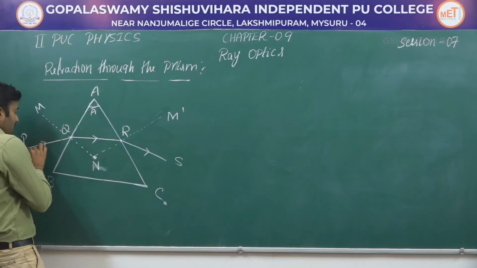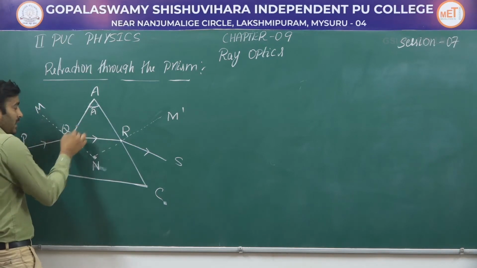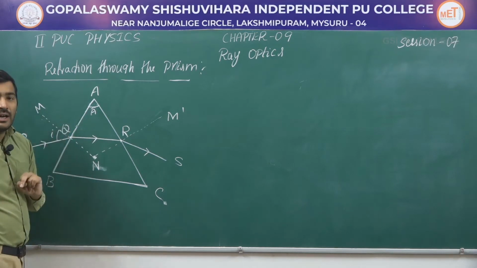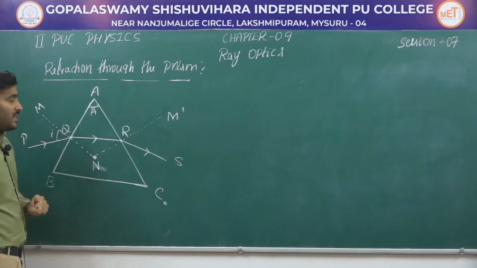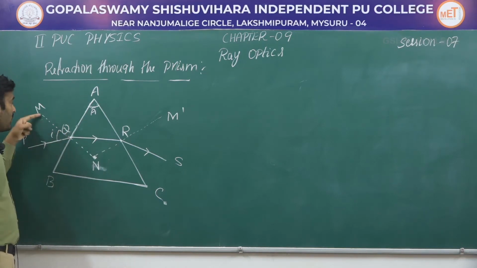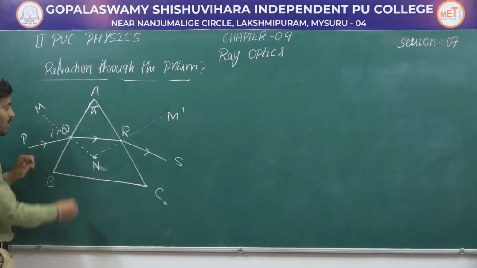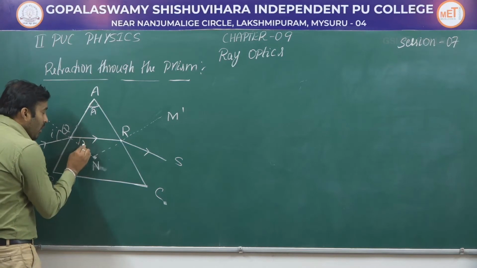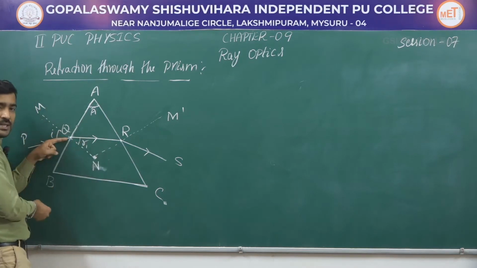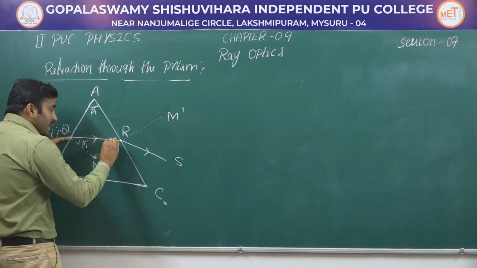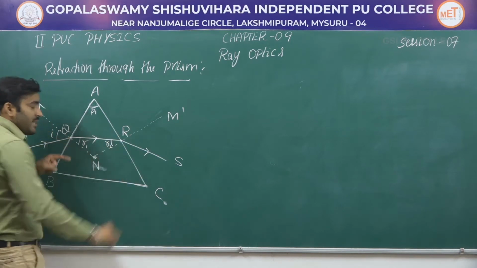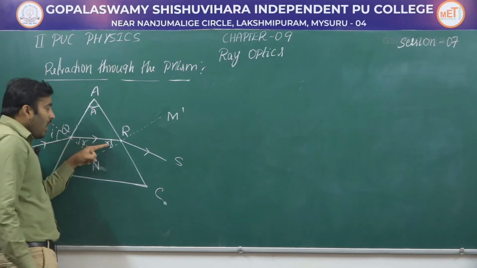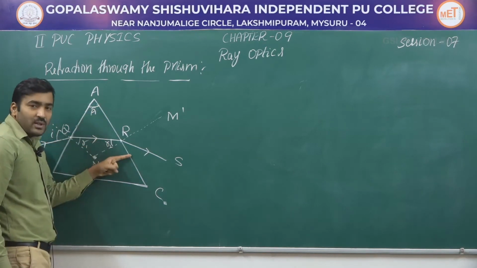Now this is the incident light and this is the normal, so the angle made by them is equal to i, which is the angle of incidence. The angle made by the incident ray with this normal is the angle of incidence. This is a refracted ray, and the refracted ray makes an angle of r1 at this surface, and makes an angle of r2 at this surface. r1 is the angle of refraction at the first surface and r2 is the angle of refraction for the second surface.